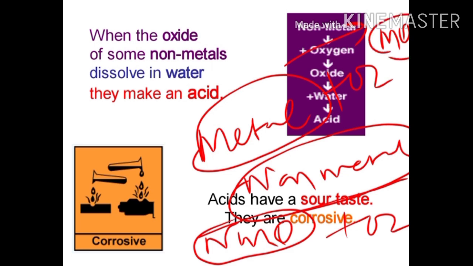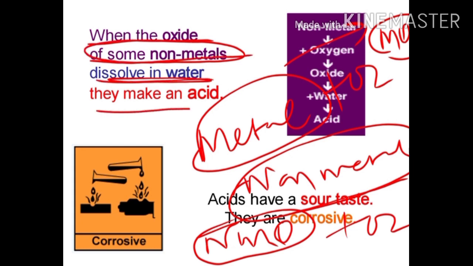The nature of non-metal oxide and metal oxide we are going to study. When the oxide of some non-metal dissolves in water, it makes an acid. So you can note it down: metal oxides are basic in nature and non-metal oxides are acidic in nature.